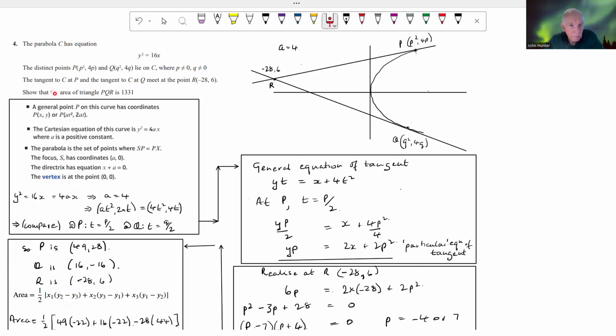Let's just remind ourselves of a general point. Well, it's the Cartesian version, isn't it? The parametric form is that.